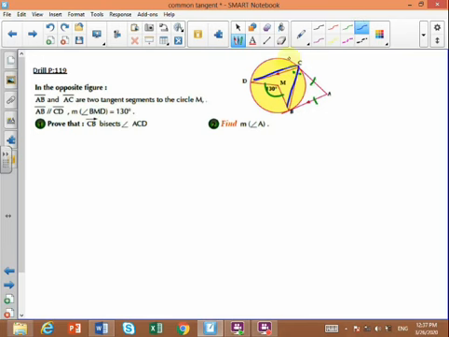Yes, this is an inscribed angle and this is a central angle subtended by the same arc BD. So it is equal to half the central angle. So this angle equals 130 divided by 2 equals 65 degrees.